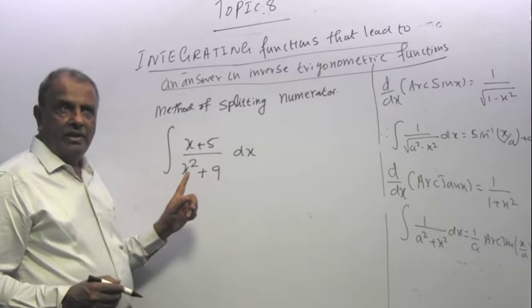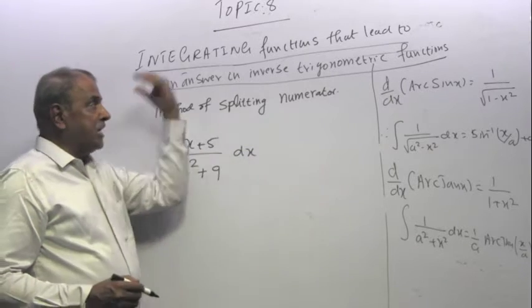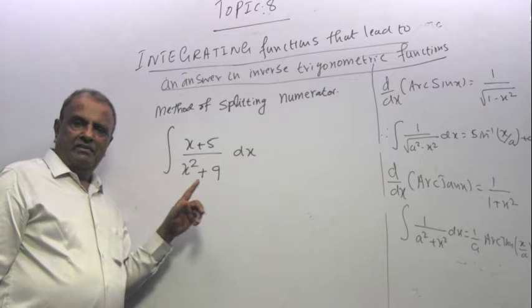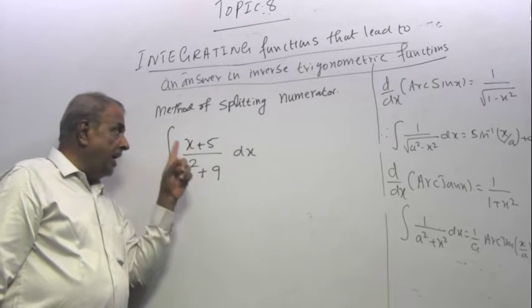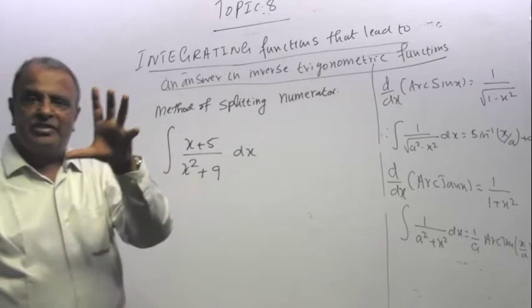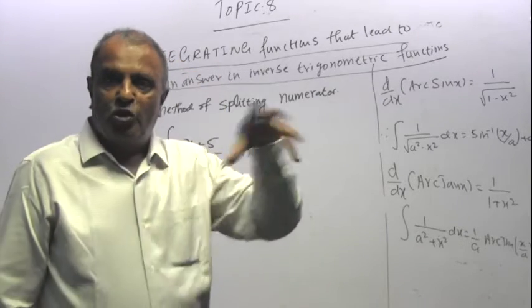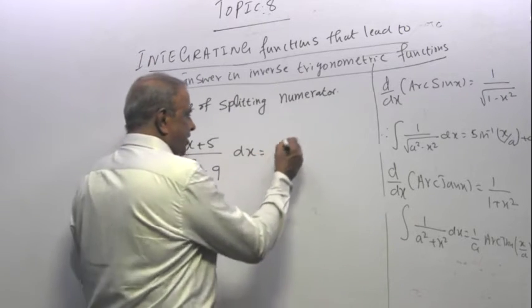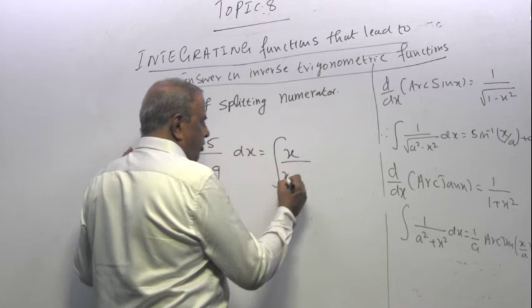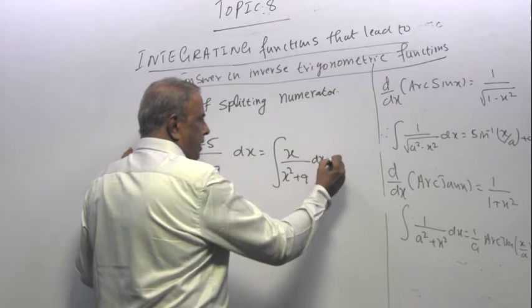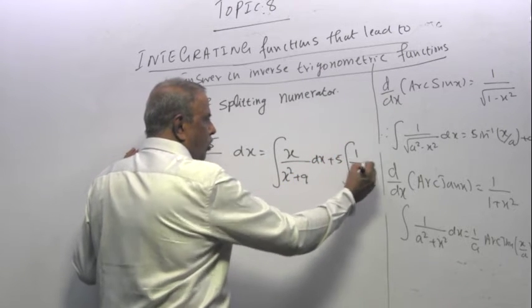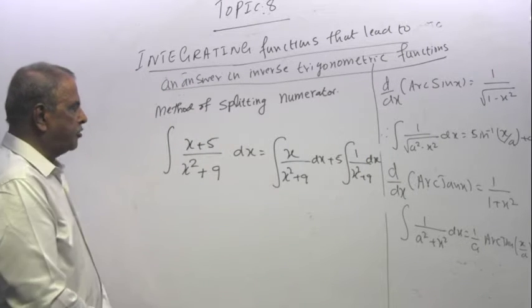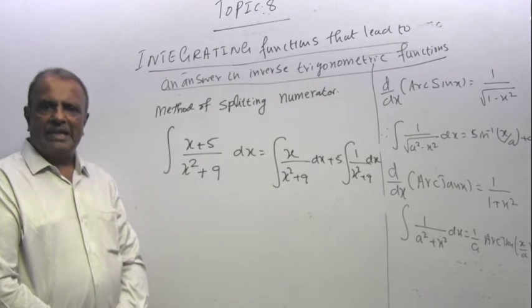In the denominator, I have x squared plus 9. When I differentiate, I get 2x. I have an x in the numerator, but I have an extra nuisance, the plus 5. You can't say, just get rid of the 5. No. Split it into 2. So you can write this as the integral of x over x squared plus 9 dx plus 5 times the integral of 1 over x squared plus 9 dx. So I have split the numerator.